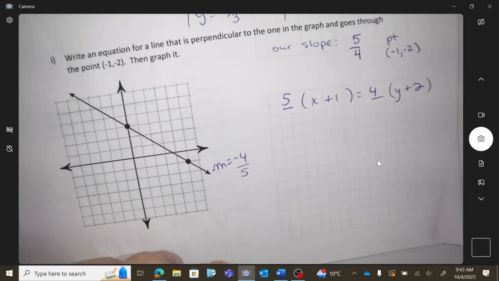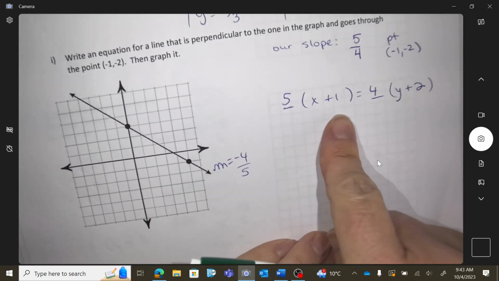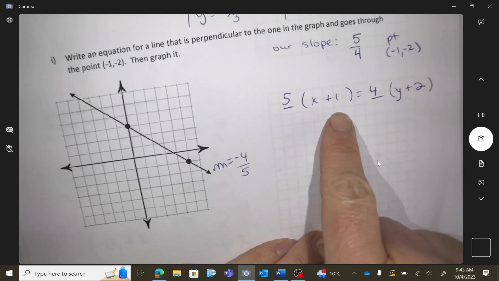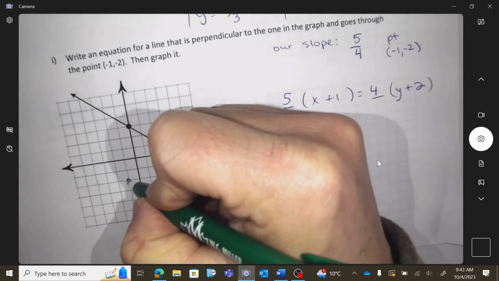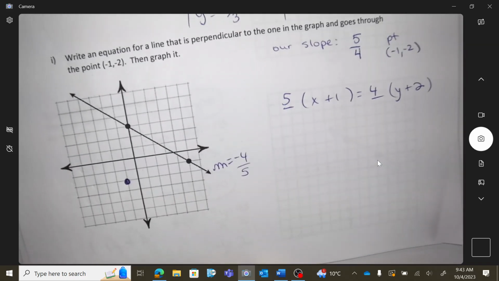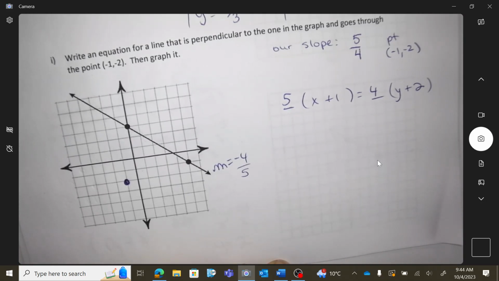Okay, then you have to graph this line. So -1, -2 is a coordinate on your graph. And you're going to have to go from that point up 5, right 4.